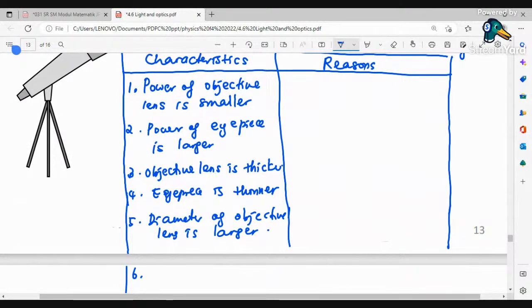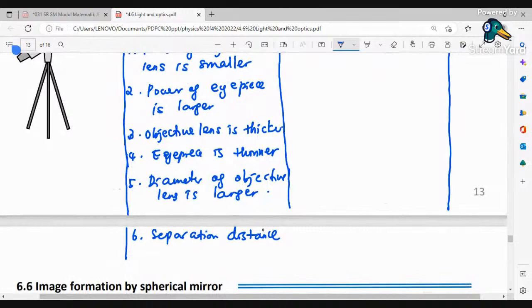Six, separation distance between eyepiece and objective is fO plus fE.